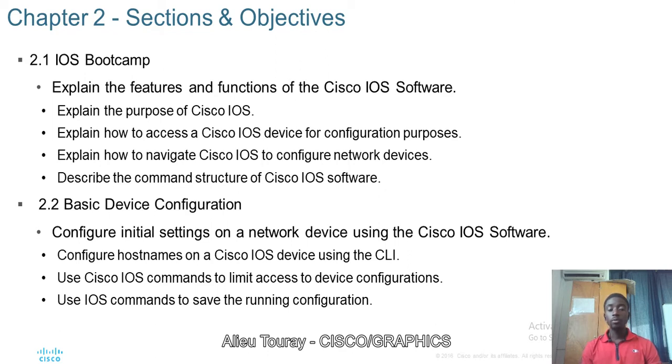I'll just talk about a few things here, but all the other configuration, like configuring host names and limiting access, will come in the practical phase, where I'll explain them thoroughly. That's why this video may not be that long.